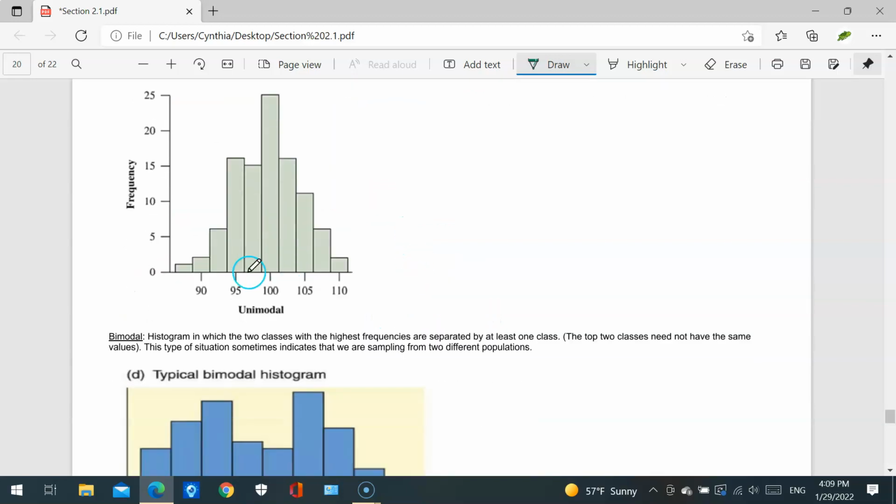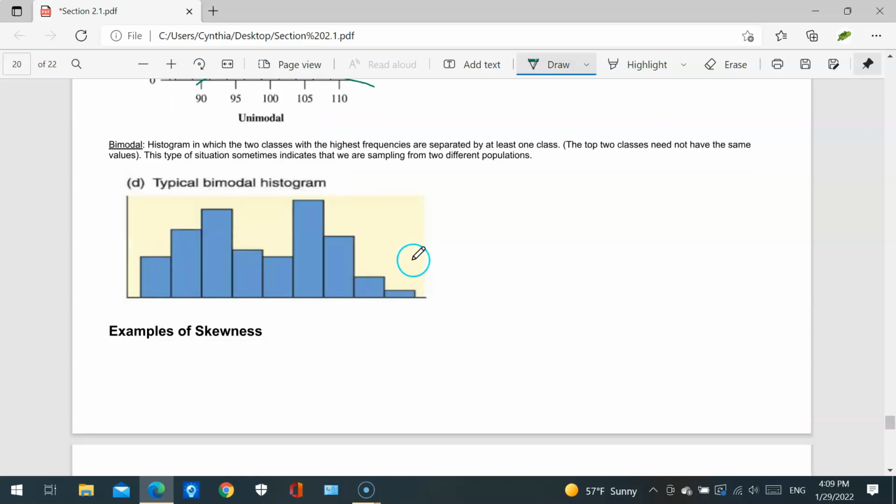Okay. Now this one is pretty much unimodal, right? This is kind of symmetric, normally distributed, and this one only has one peak, which is here, the mode. All right, so this is unimodal. Sometimes you might see a graph with two peaks. So we call this bimodal.